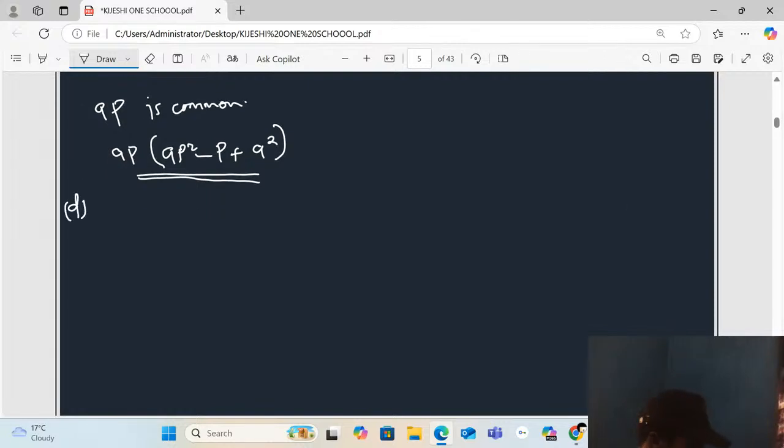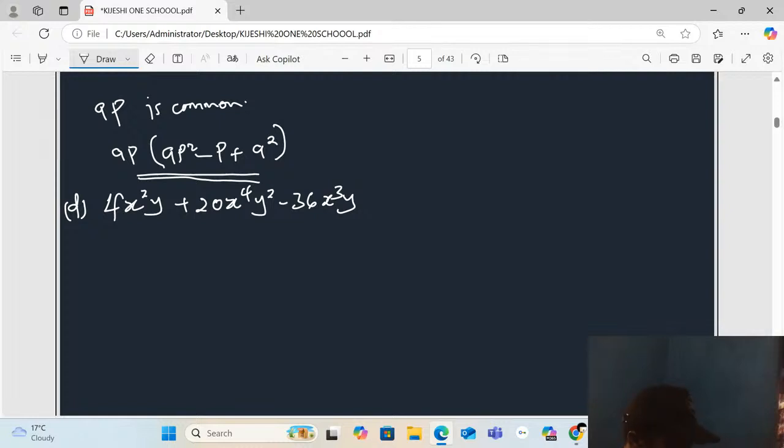Okay, last example on that, before we look at something else. We're having 4x squared y plus 20x power 4 y squared minus 36x cubed y.